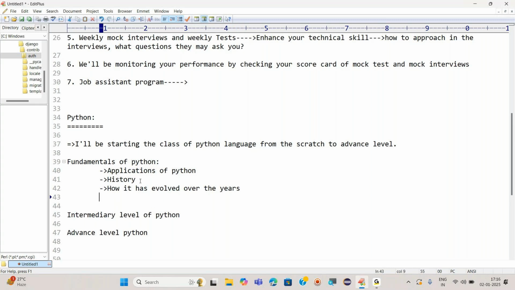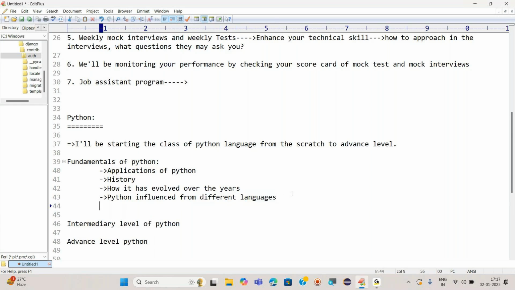And then something like Python being influenced from different languages. That also we are going to see, what are those languages from which Python got influenced.